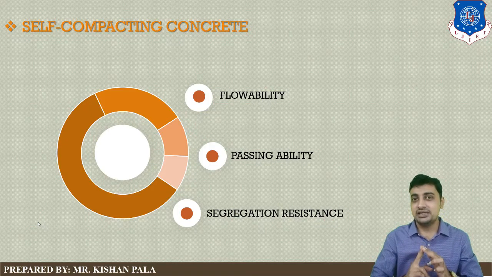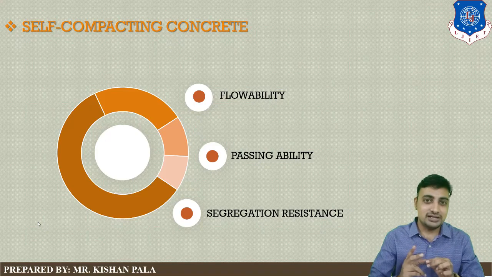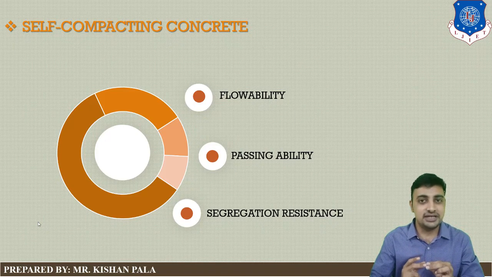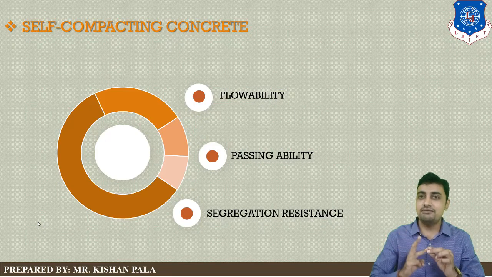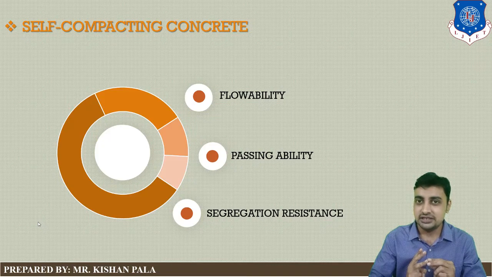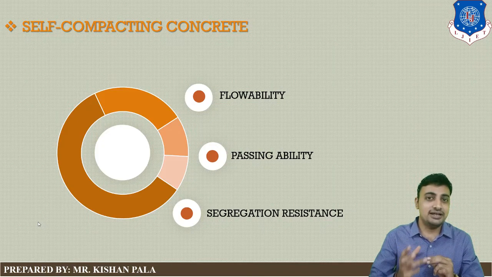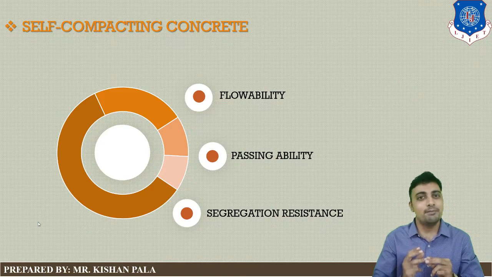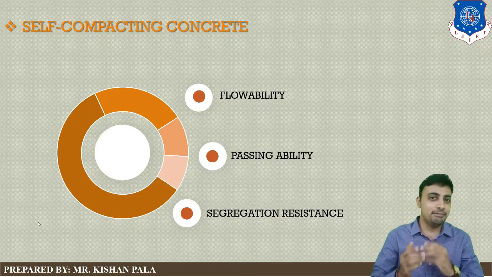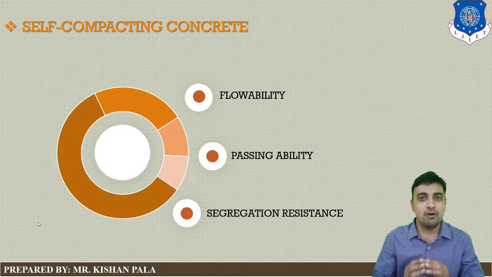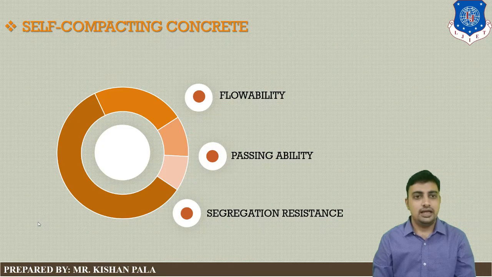Passing ability means the concrete is able to pass through congested reinforcement. And third one is segregation resistance, meaning resistance against segregation when using chemicals, plasticizers or superplasticizers. So these are the main three properties of self-compacting concrete.